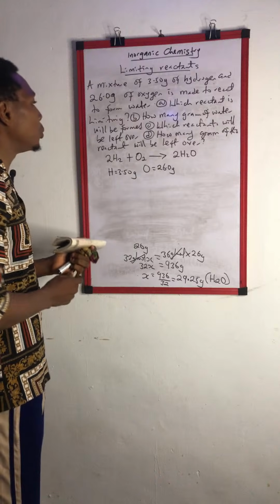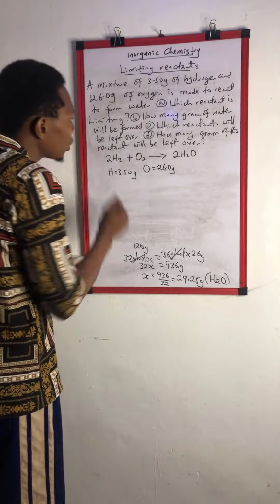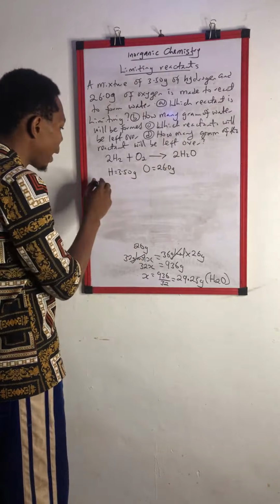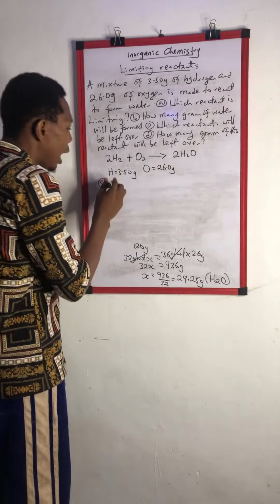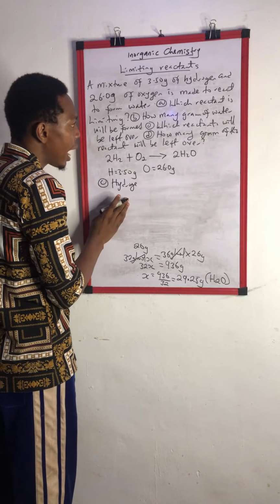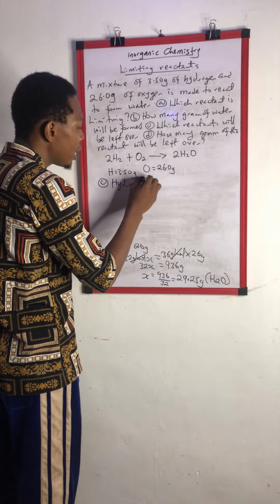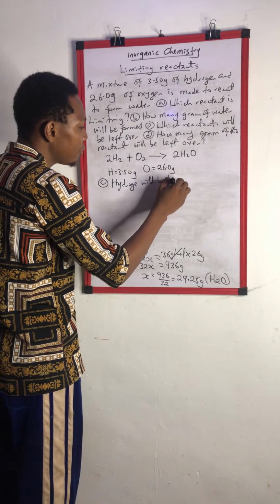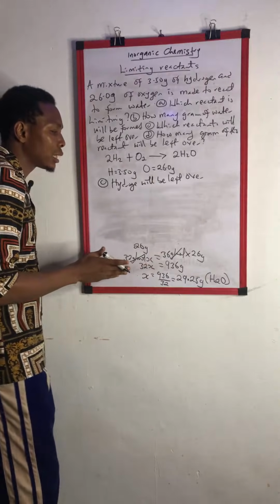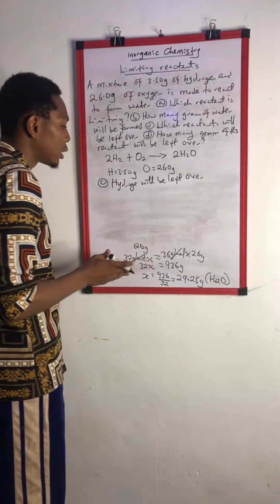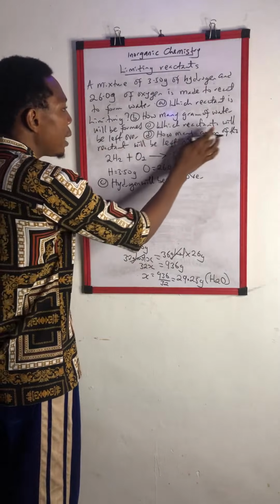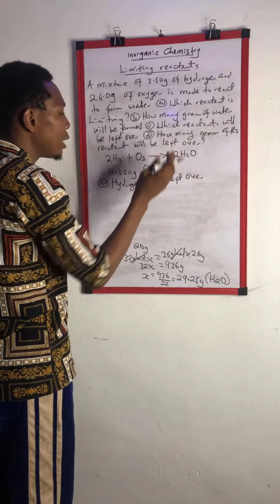So what we are going to do, for the C part, is look for how many grams of hydrogen will be left over. We are now asked, how many grams of this reactant will be left over?